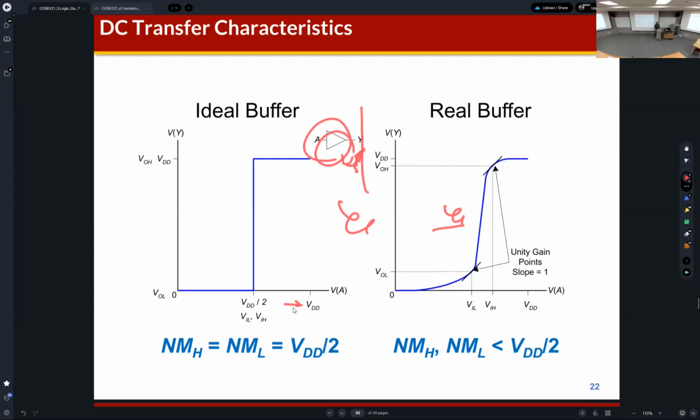But ideal is a fantastic buffer, so it's not real. This graph shows the DC characteristics of a real buffer. What can we observe?